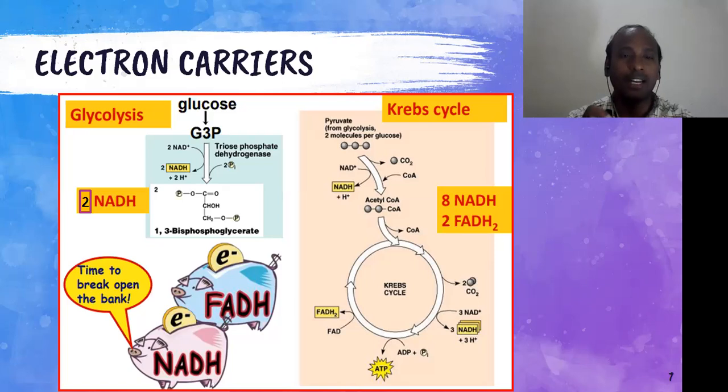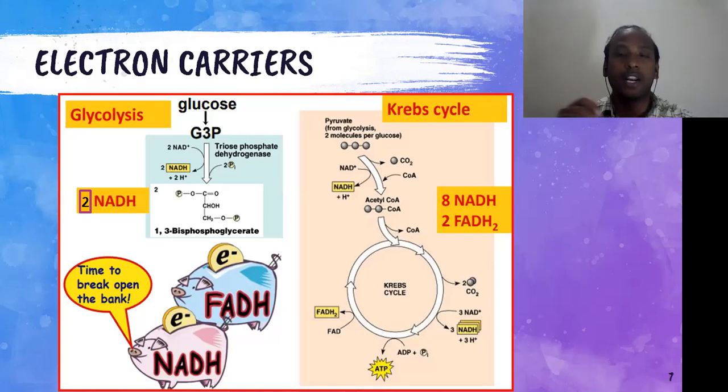In glycolysis, there is a step, the conversion of glyceraldehyde 3-phosphate to 1,3-bisphosphoglycerate, where NAD plus is converted to NADH.